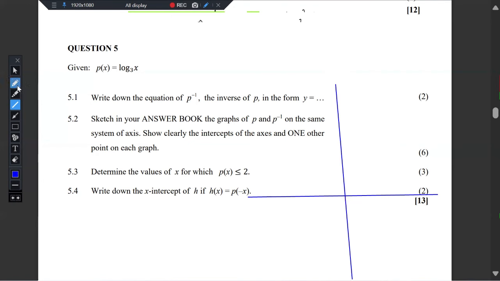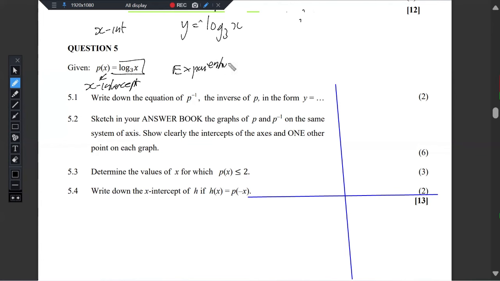And for the original one, which is the log, we can try to find the x-intercept by making y 0. So this is log base 3 of x, and let's make y 0. We are trying to get the x-intercept mainly because of the properties of a logarithmic graph: a log graph has an x-intercept, whereas an exponential graph has a y-intercept, right?